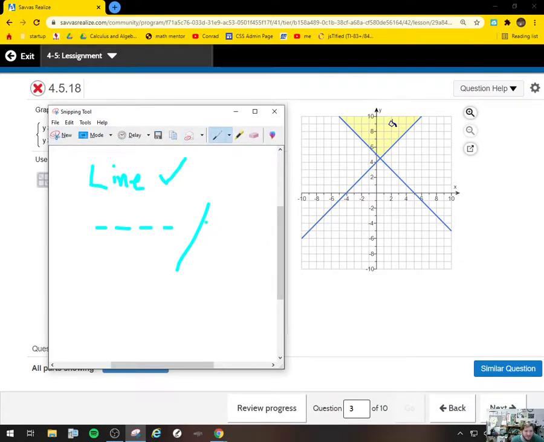It keeps holding the mouse down. So is it dashed or is it solid? So this was 1, this was 2, and then 3, you want to figure out how you throw shade. And then the final step, after you've done that for both lines, is find overlap.